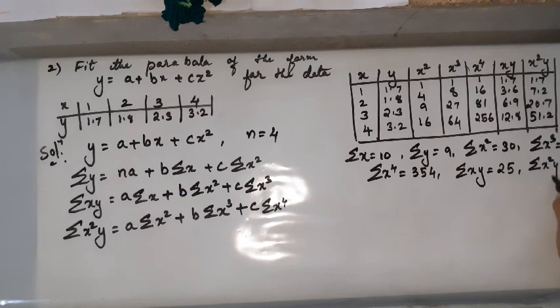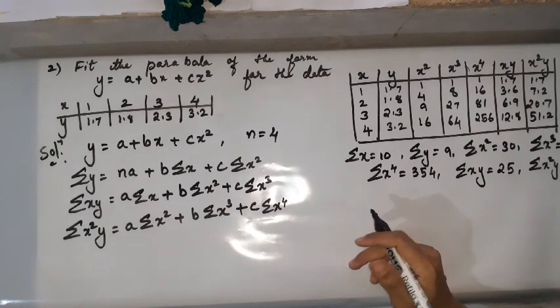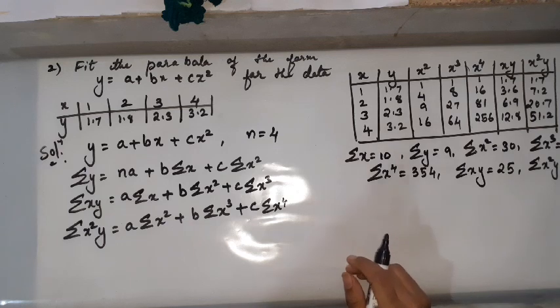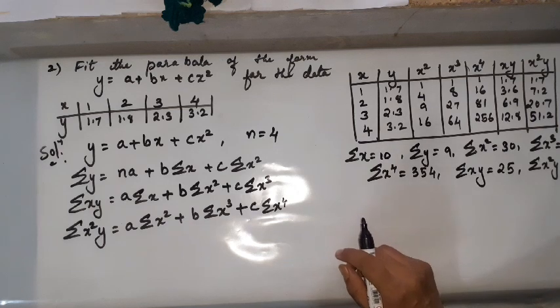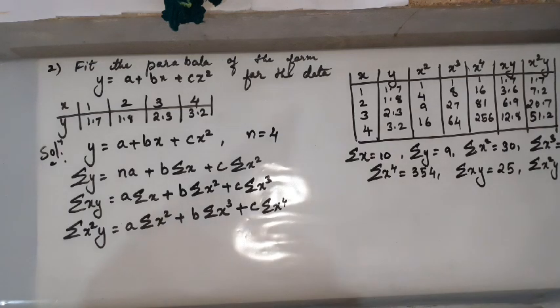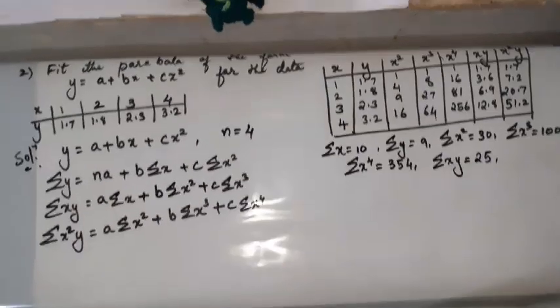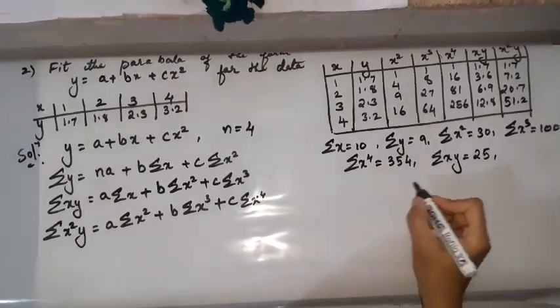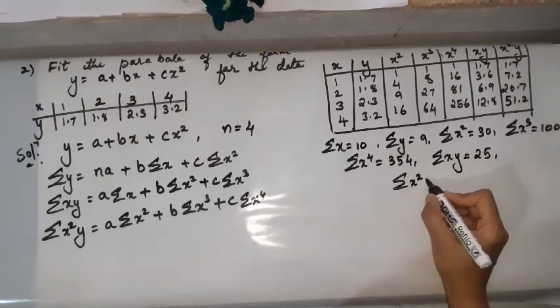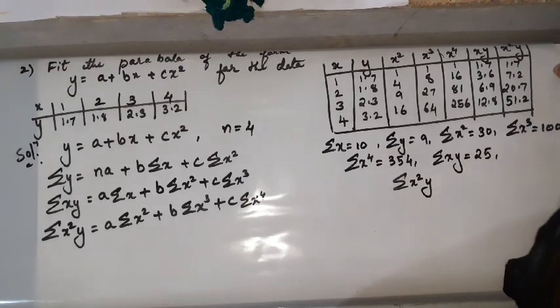Summation x square y, it should be equal to 80.8. Okay, just 1 minute, all of you. See here, summation x square y, I am writing it here since it was not seen there.